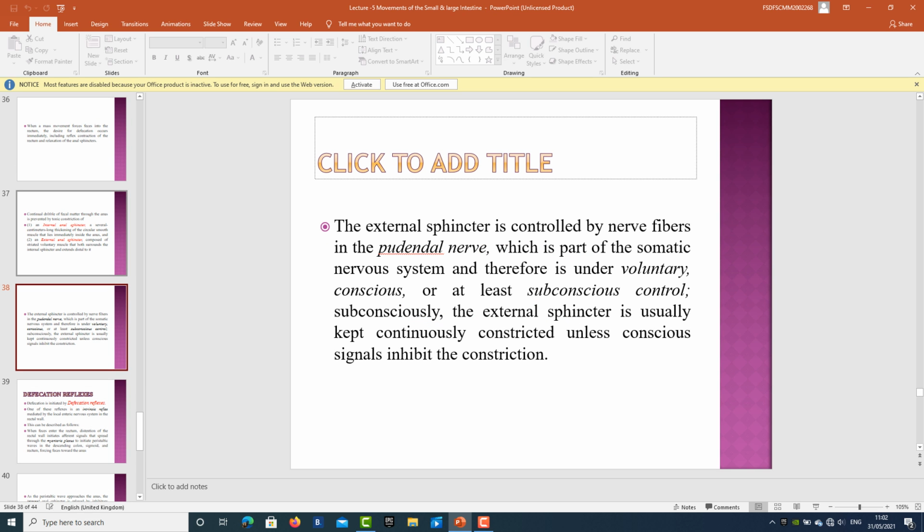The external sphincter is controlled by nerve fibers in the pudendal nerve, which is part of the somatic nervous system and therefore is under voluntary conscious or at least subconscious control. Subconsciously, the external sphincter is usually kept continuously constricted unless conscious signals inhibit the constriction.